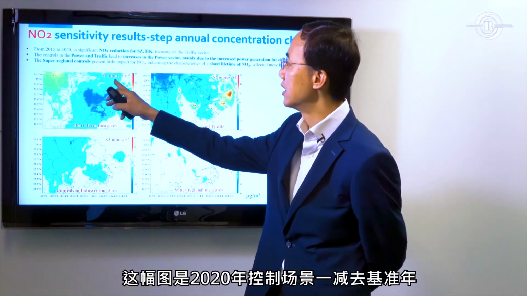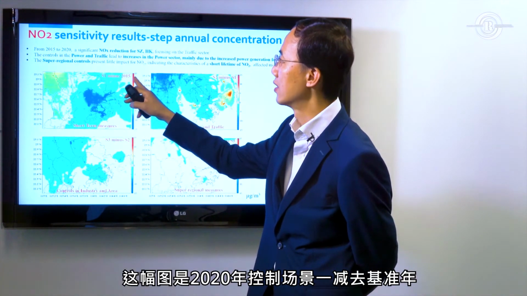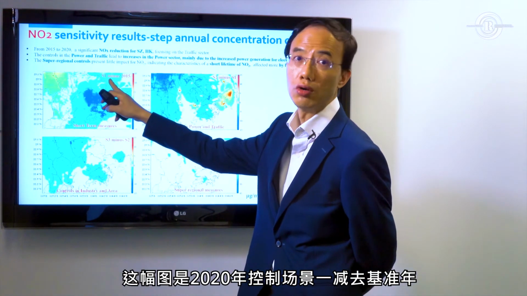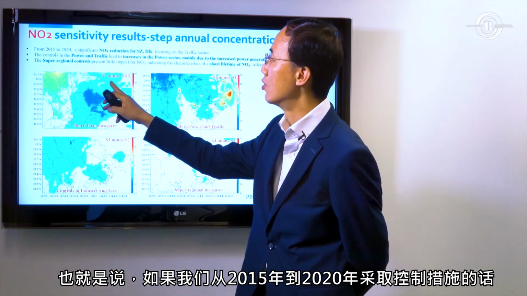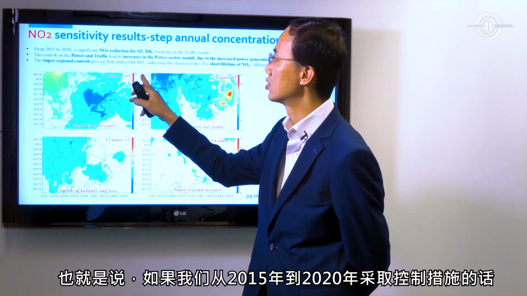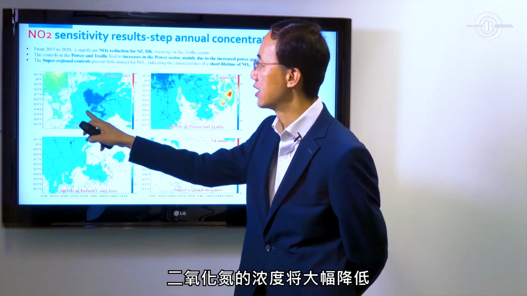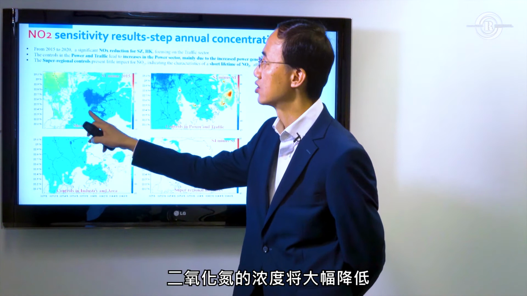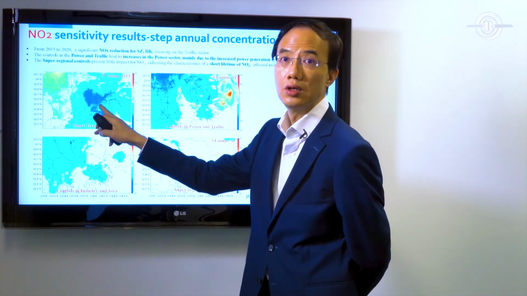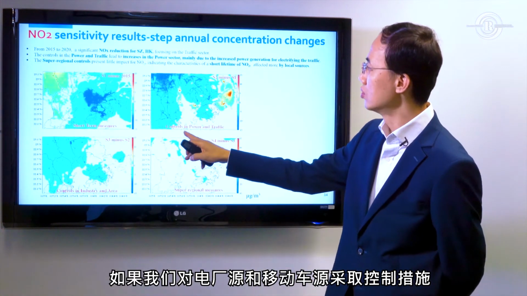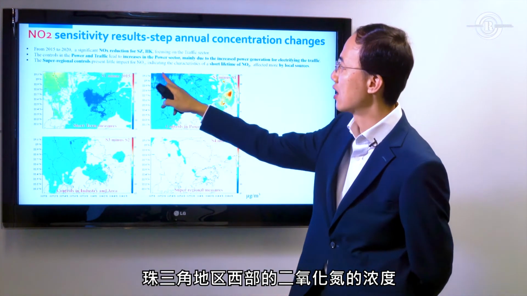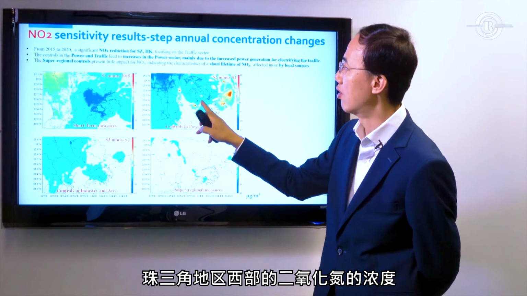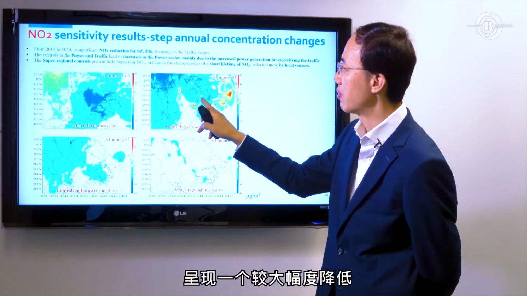This one is scenario 1 minus the control. If there is blue, that means if we take the control measure from 2020 to 2015, you see there is a large reduction in NO2 concentration. Then if we do the control measure in power plant and traffic, again there is a large reduction of NO2 in the rest of the PRD.